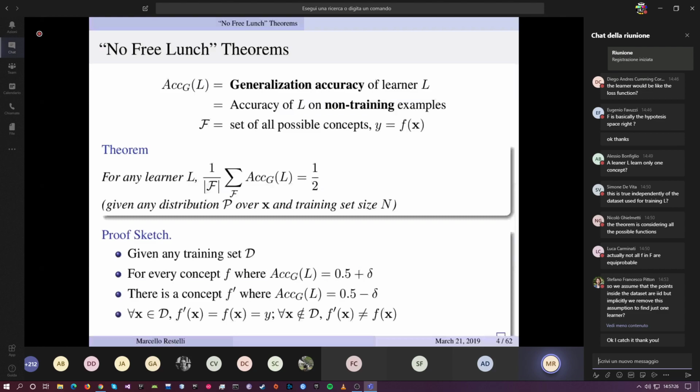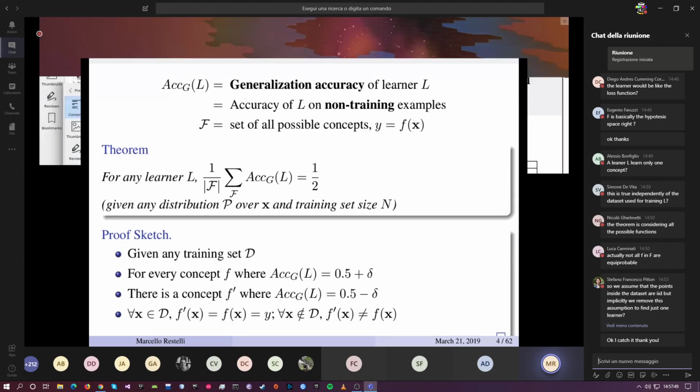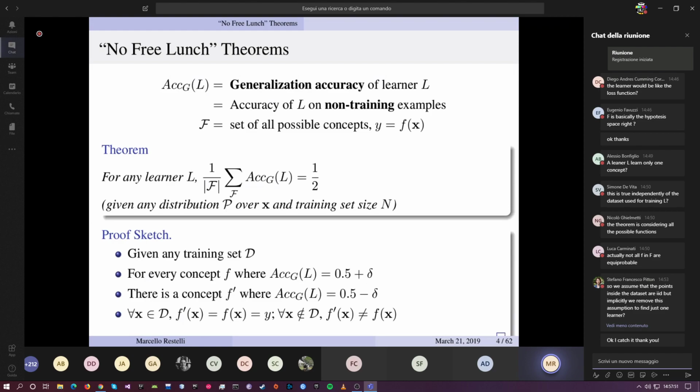Again, even if you have seen n minus 1 samples over n possible samples, if there is no relationship between what you observe and what you do not observe, this point can have any value, independently from the values that you have observed in the training set. So it's not a matter of overfitting, it's not a matter of how many samples you observe. It's simply a matter of the regularity of the function that you are going to observe.